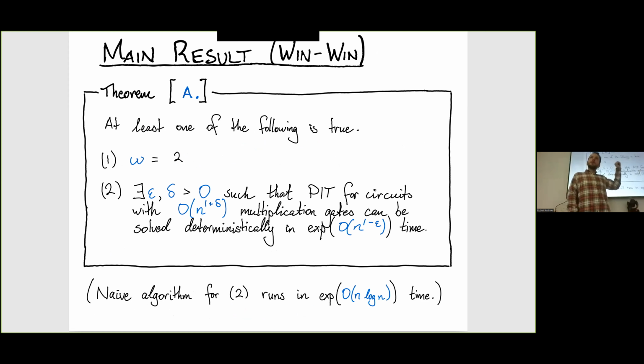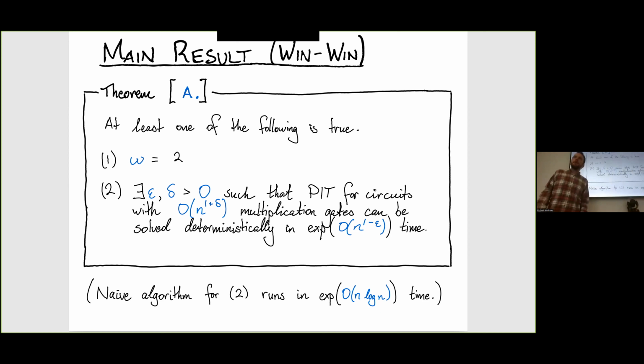And so Schwartz-Zippel runs in something like degree to the n. Degree is polynomial, so it's like n to the order n. And the delta doesn't come in at all. The size of the circuit will not matter. Well, you would get some n to the 1 plus delta factor out here. So that is also captured by the log n.